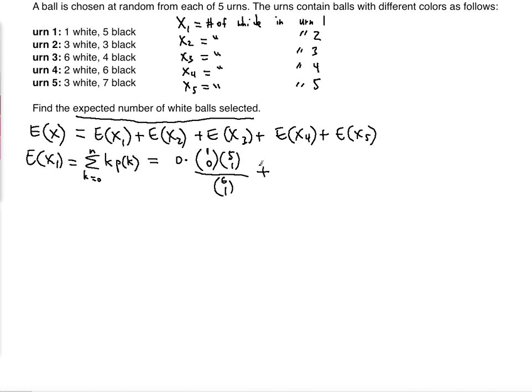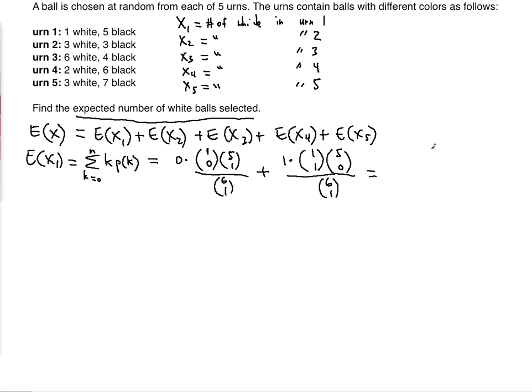And then the second case that we have to add, because these cases are mutually exclusive, is choosing 1 white. So we multiply that. Basically k stands for these two values, 1 and 0, and the probability of 1 white from the first urn: from 1 white we choose 1 ball, and then from 5 black we choose 0 balls and divide it over by the total.